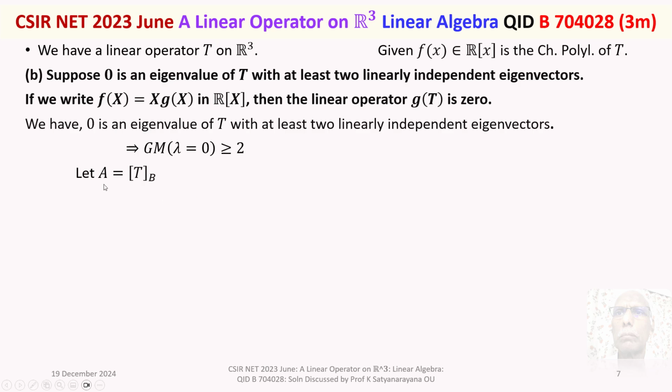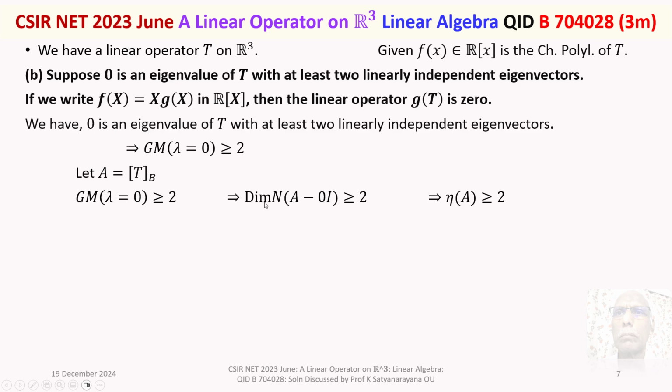Anyway, let A be the matrix of T with respect to the standard basis. Geometric multiplicity of lambda equal to 0 greater than or equal to 2 will imply the dimension of the null space of A minus lambda I, where lambda is 0, is greater than or equal to 2.